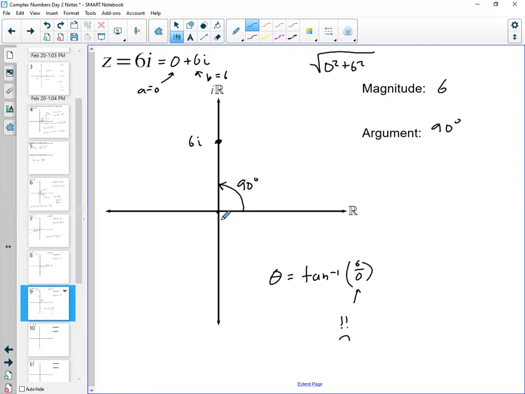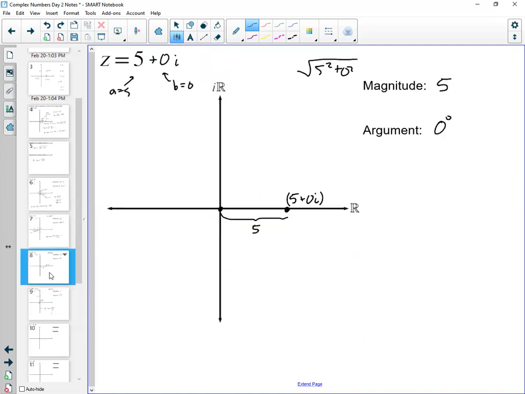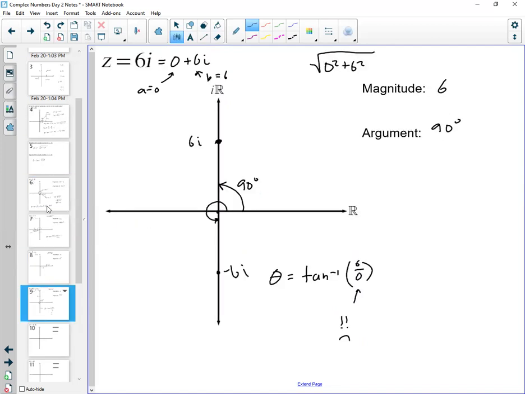If it was down here, which was negative 6i, the argument would be 90, 180, 270. That's not what we had, but again, this inverse tangent trick's not going to work for a purely imaginary number. So we'll do some more graphing problems, because these ones where you have to figure out what the argument is and it's not the answer you get on your calculator are a little bit tricky. I'll put together some more practice with those and we'll do them in class. So hope you learned something.